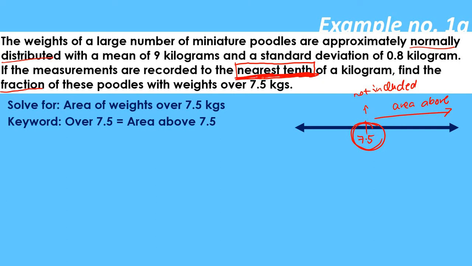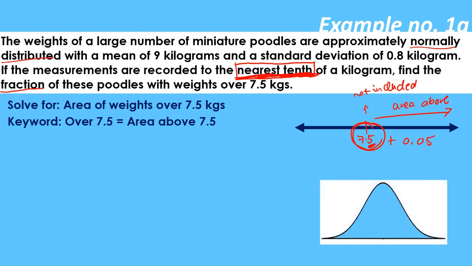And here it is stated in the problem that we need to round it off to the nearest tenths. So if we want to round it off to the nearest tenths, which in this case is represented by the 5, we need a number to its right to be able to round it off. So we need to add a value to 7.5, which will help us to round it off. And the safest is 0.05.